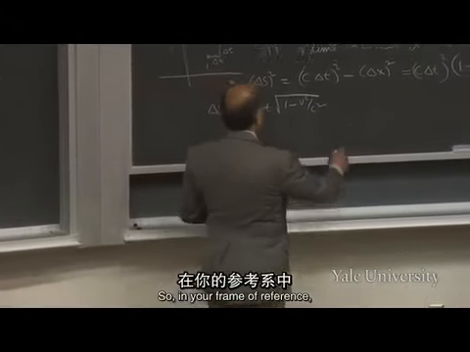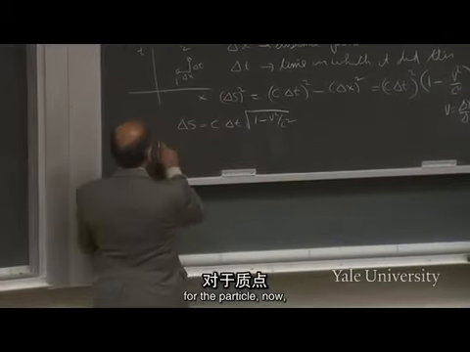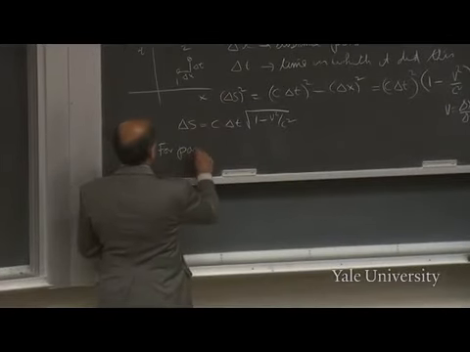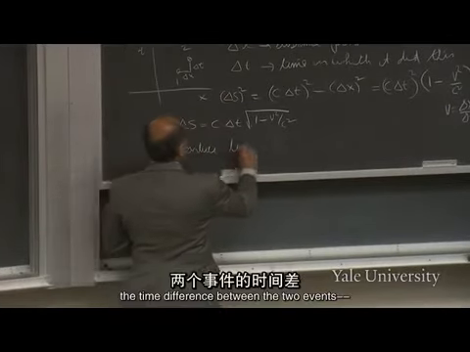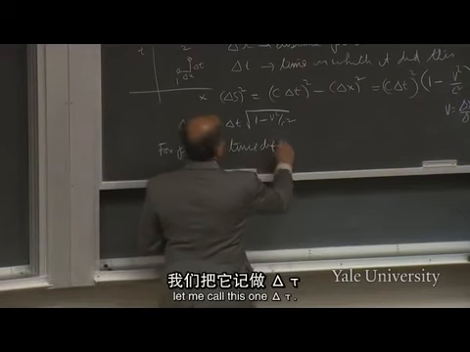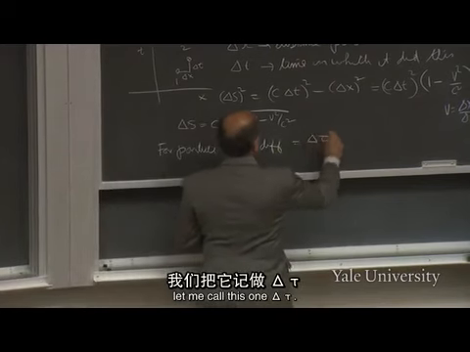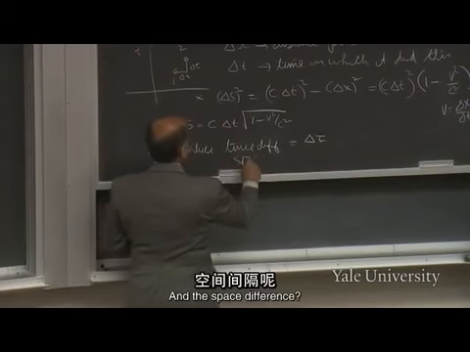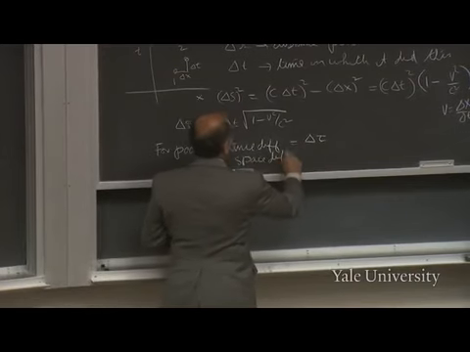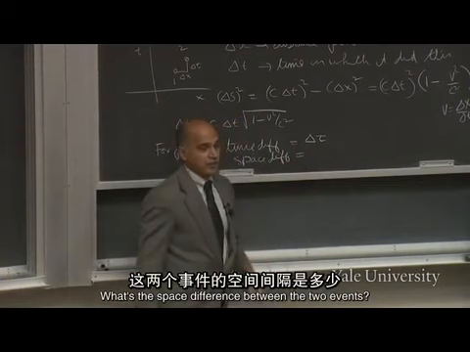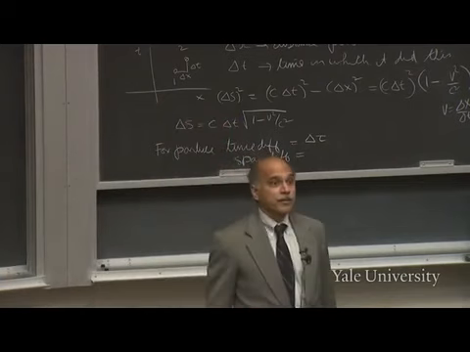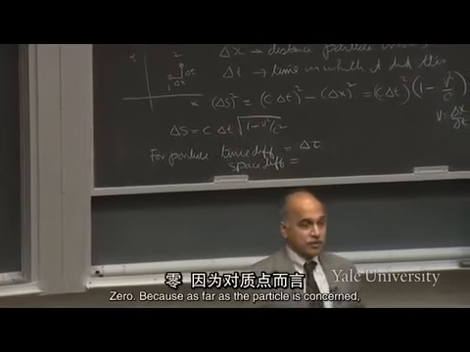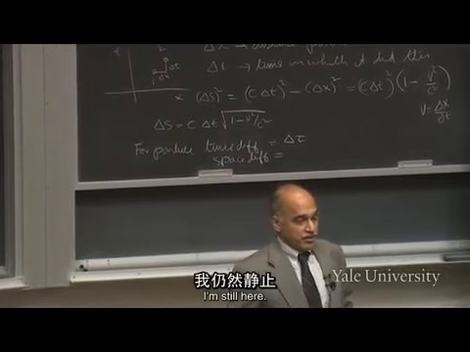So in your frame of reference, for the particle now, the time difference between the two events, let me call it some delta tau. And the space difference, what's the space difference between the two events? Yep, 0, because as far as the particle is concerned, I'm still here.